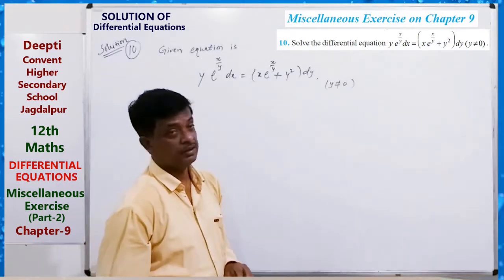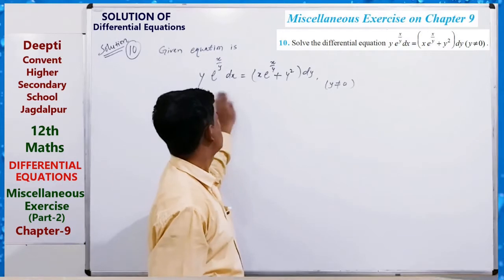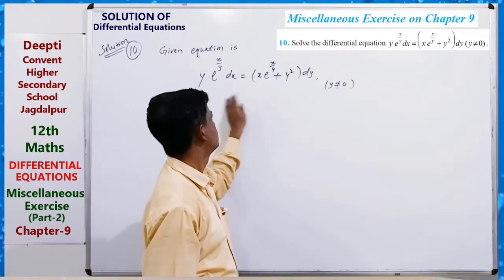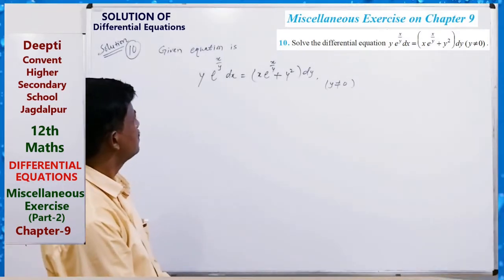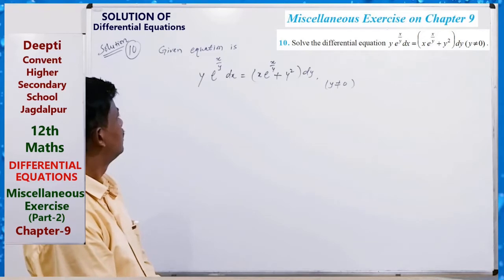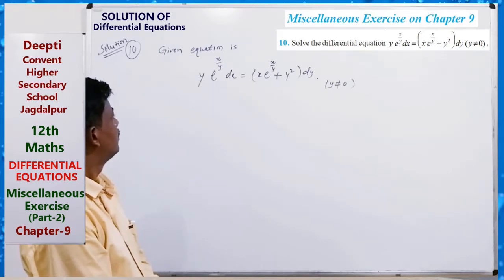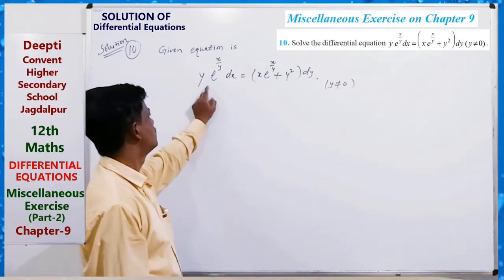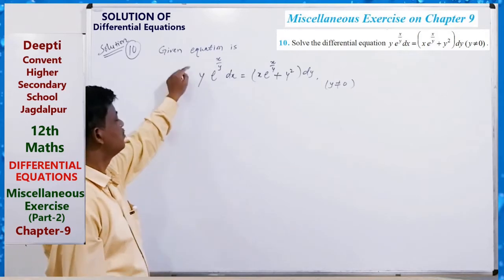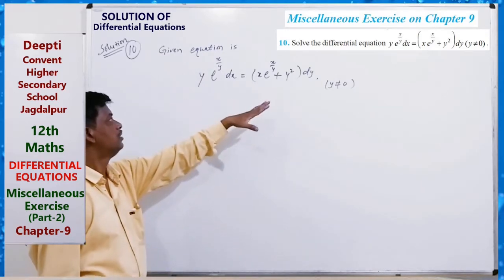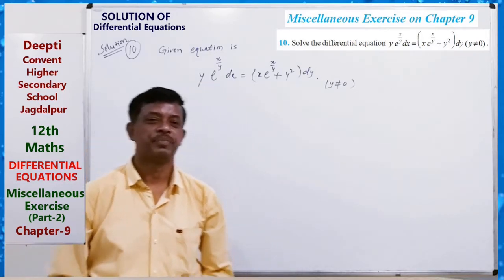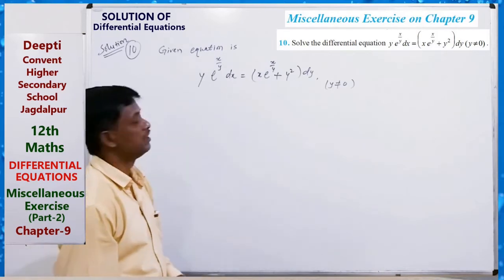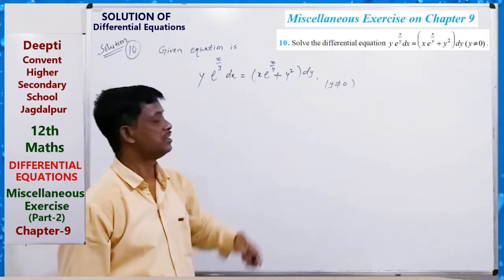If we find dy by dx, we cannot write it in terms of x by y, because dividing by y, it cannot be written. It is not a homogeneous equation, and also not in separable form. We can see that x by y and x by y.